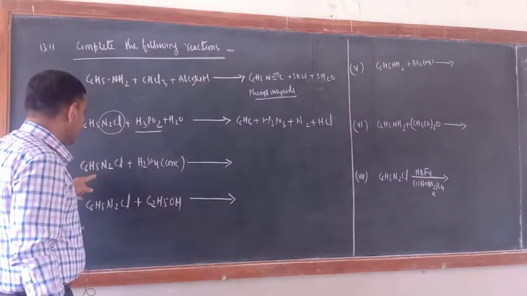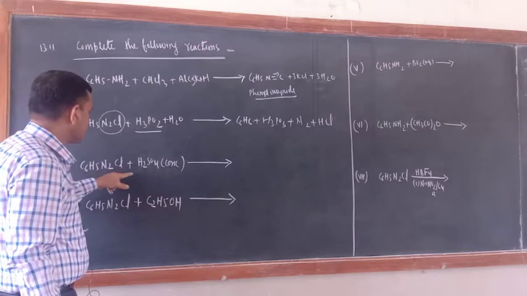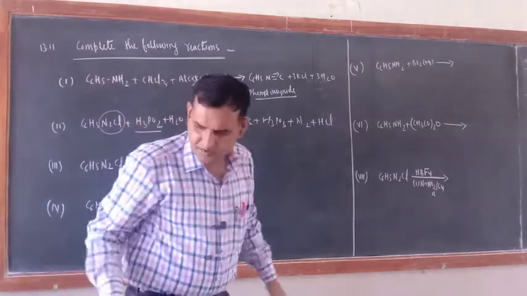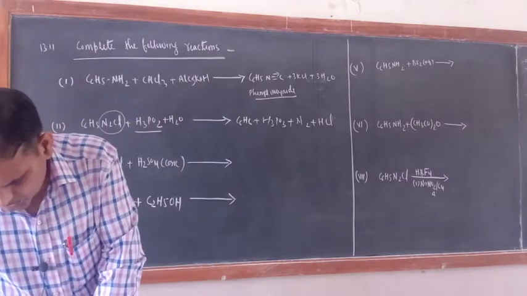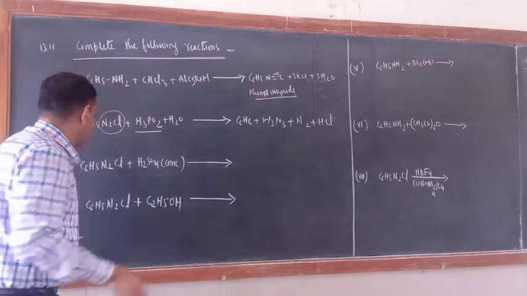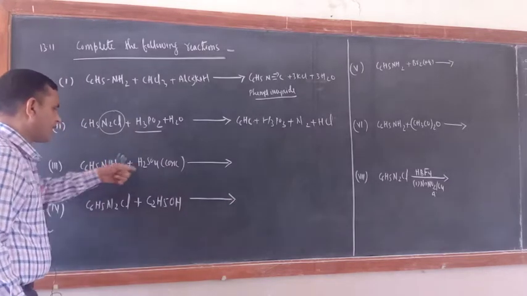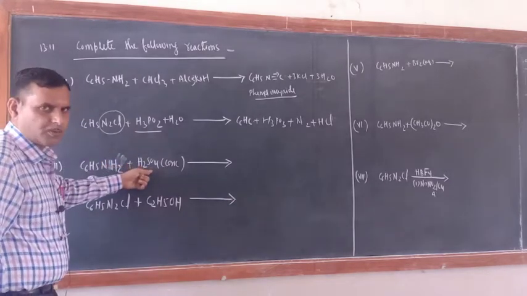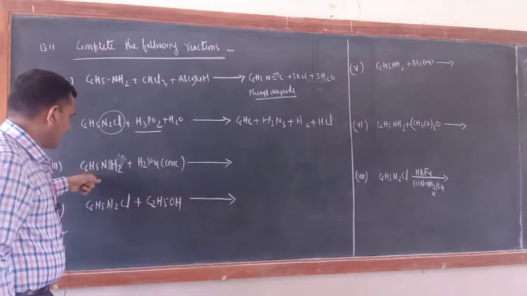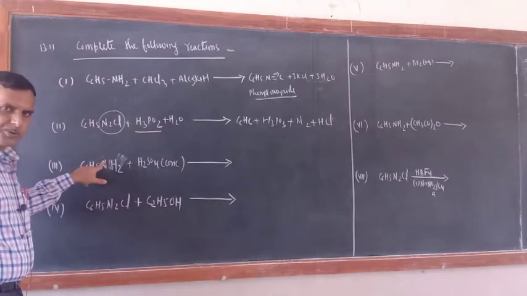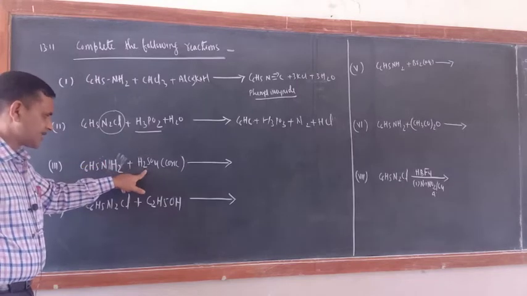Now this is a very easy reaction. Just see, C6H5 and concentrated H2SO4. Actually this is C6H5NH2. Benzene diazonium chloride will not react with concentrated H2SO4, but aniline will react. Aniline has a lone pair of electrons on nitrogen, so it is a basic compound, and this is an acidic compound.